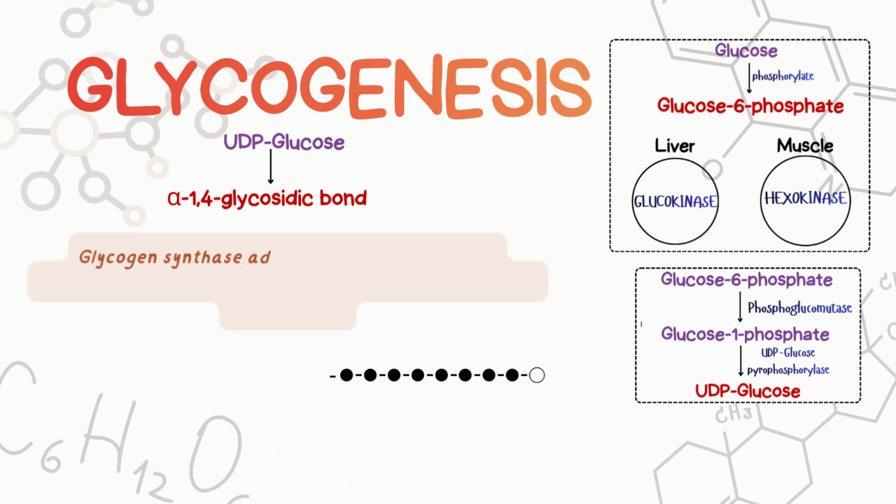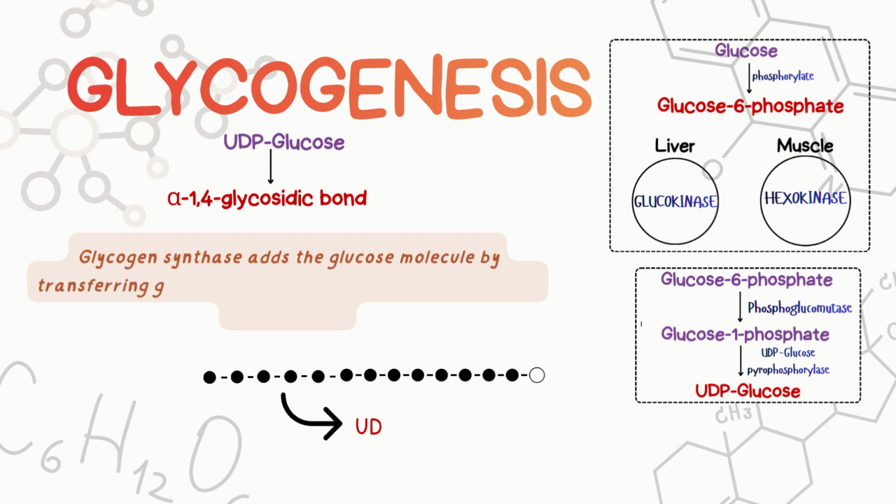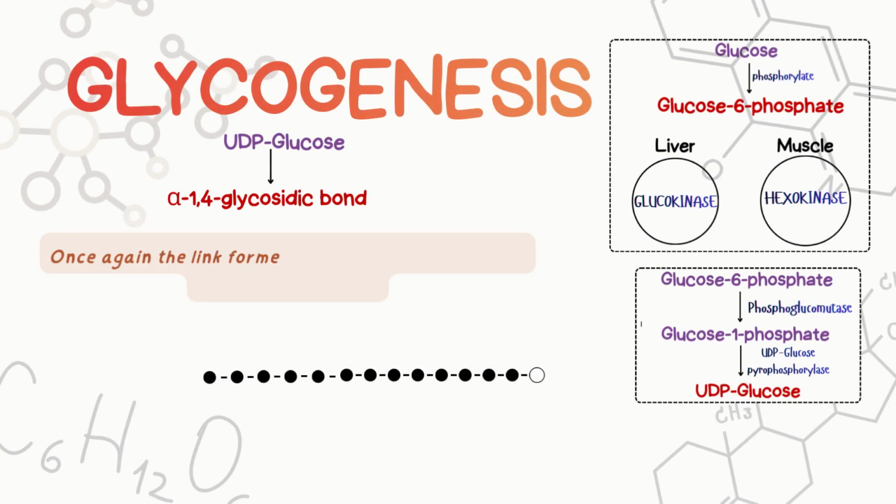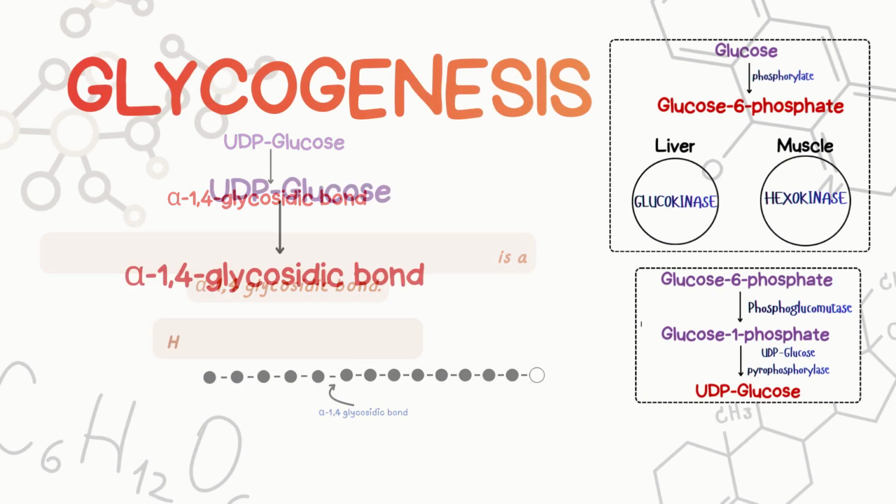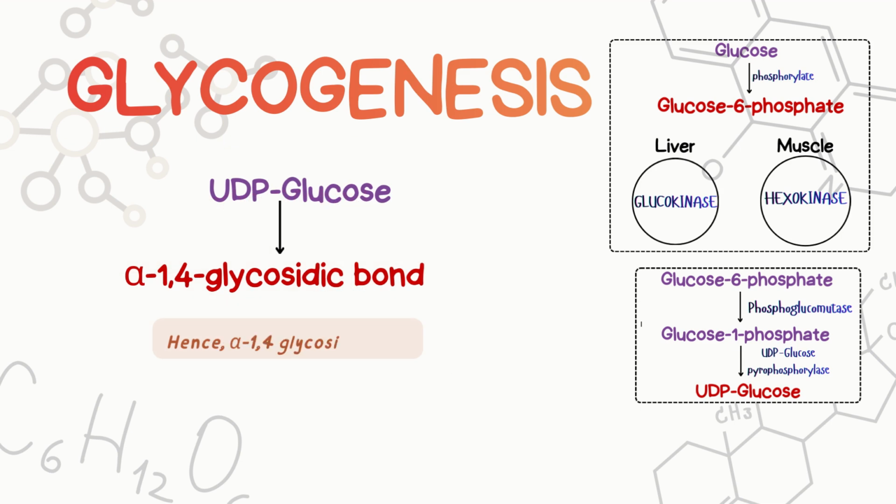Then it adds more glucose molecules by transferring glucose from UDP glucose and releasing the UDP in the process. UDP is later converted into UTP. Once again, the link between these molecules is an alpha-1,4 glycosidic bond.